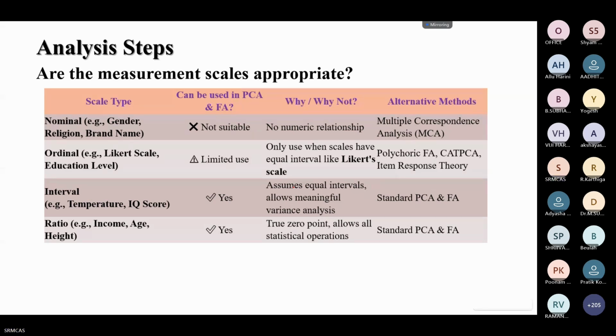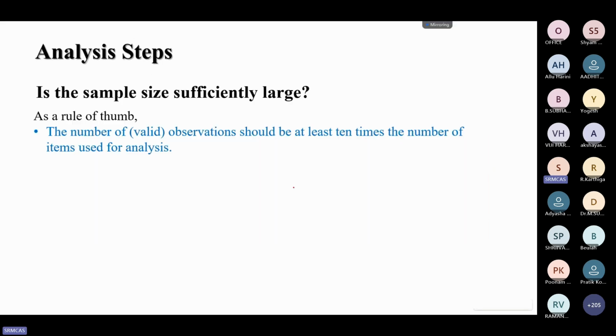Then we have to check whether the sample size is sufficiently large. Here we have a rule of thumb: the number of observations should be at least 10 times the number of items used for analysis. If we have 10 statements or variables, our sample size should be at least 100. If we have 50 variables, the sample size should be at least 500. So the sample size should be 10 times the number of variables we are going to use in the factor analysis.